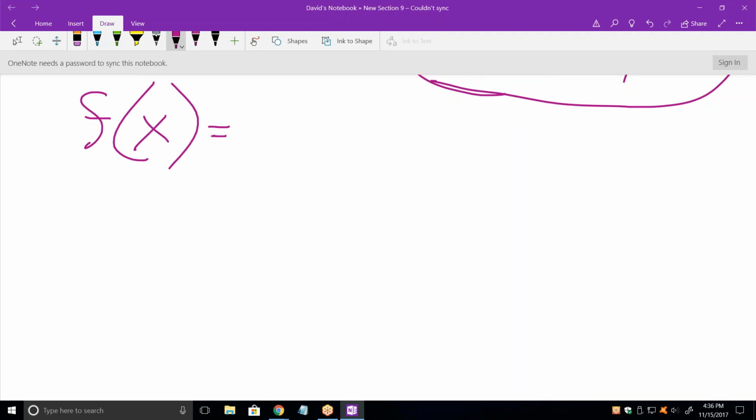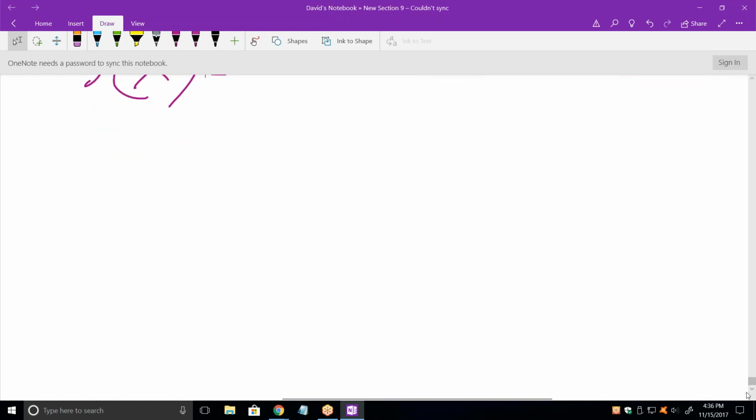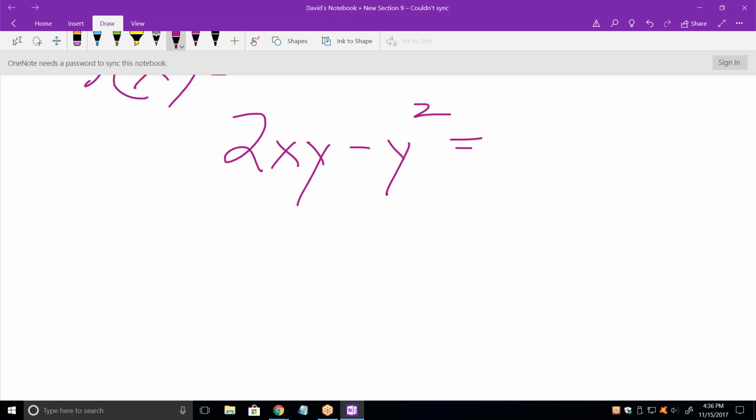Okay. Implicit differentiation is a whole new topic. Right. And it's, go ahead. 2xy minus y squared equals 3x plus 9.